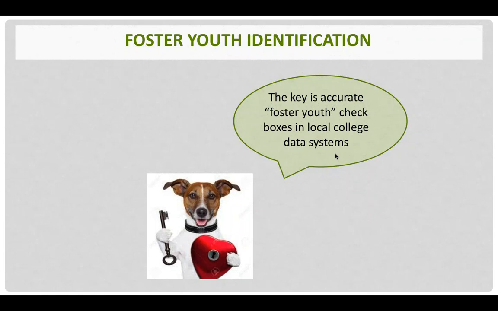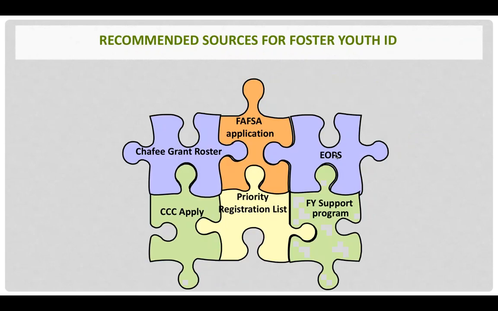So these are just some different ways that you might supplement how students are being identified. The primary one, as I mentioned, is CCC Apply. But colleges are increasingly looking at other access points for where students might be identified, like the FAFSA application, and can cross-reference to see if there are some students in that identification process who may not have been picked up in the self-report.